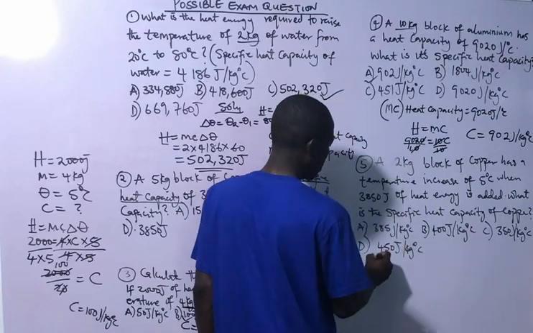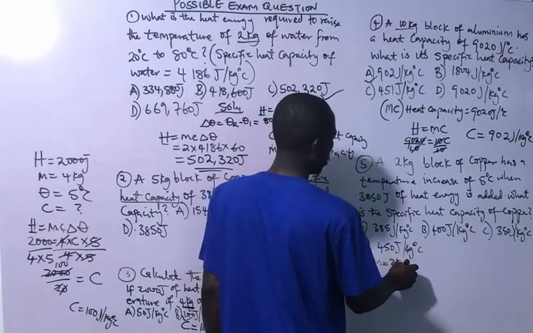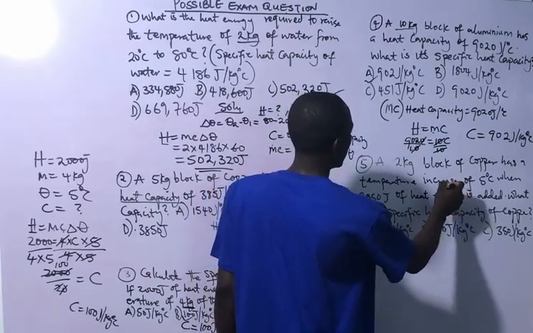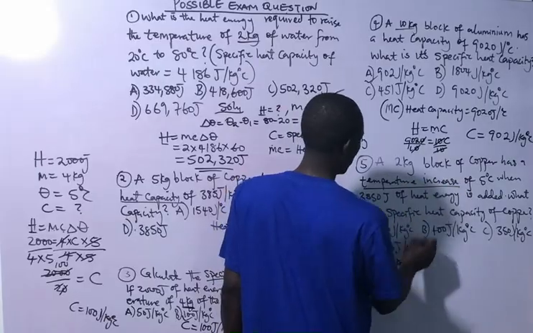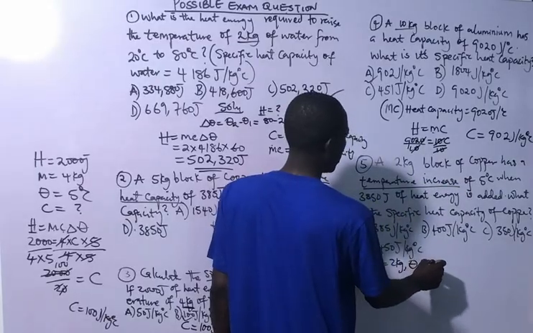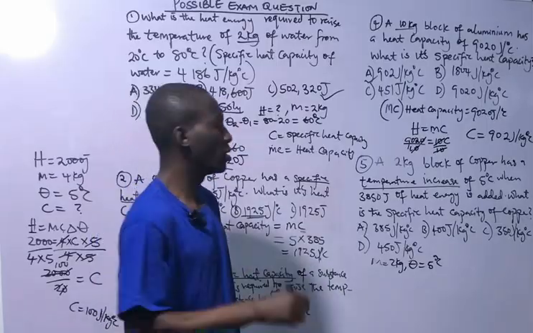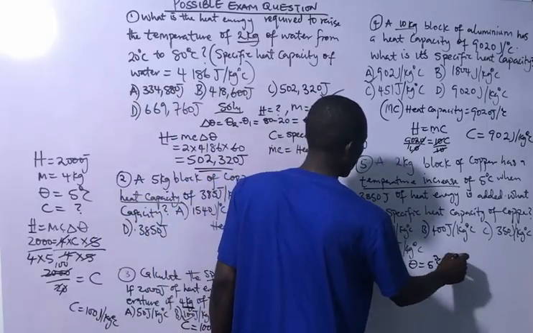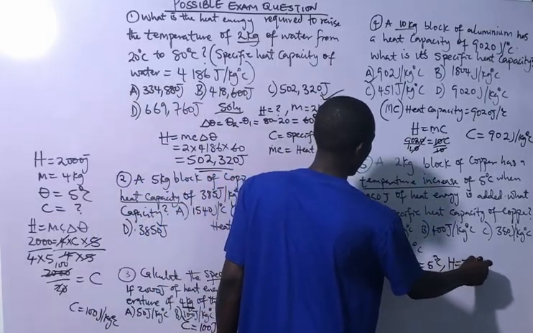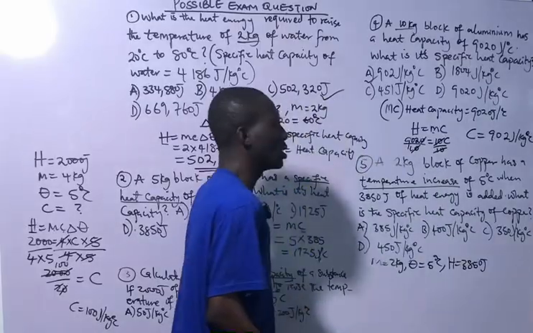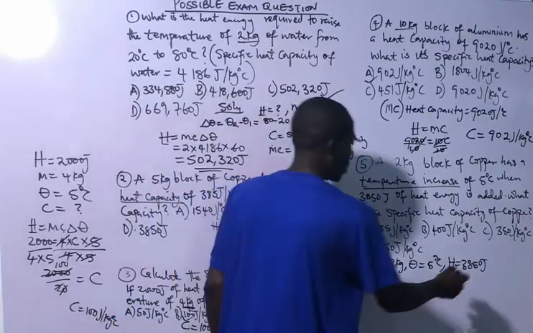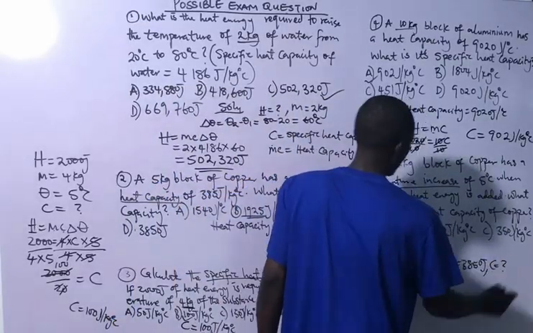The mass given is 2 kilogram. Here they say temperature increase, which means that's our theta, 5 degrees Celsius. When 3850 joule is given, we have that heat is given as 3850 joule. What is the specific heat capacity? So we have to calculate the specific heat capacity, which is C.